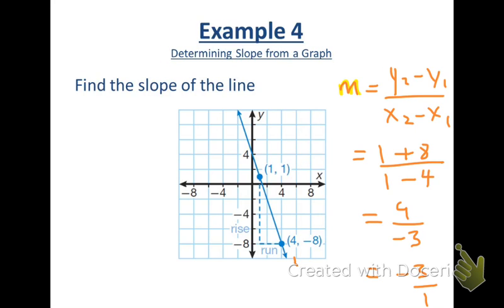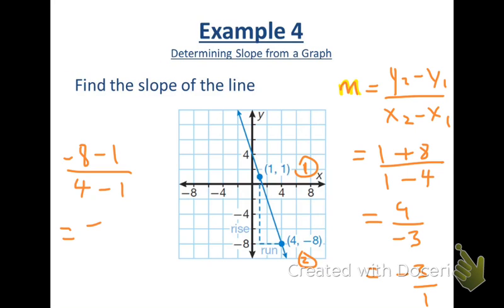What would we get if we changed the order of these? What if I made this point 1 and this point 2? Will we still get the same thing? y2 minus y1 is negative 8 minus 1. x2 minus x1 is 4 minus 1, sorry.